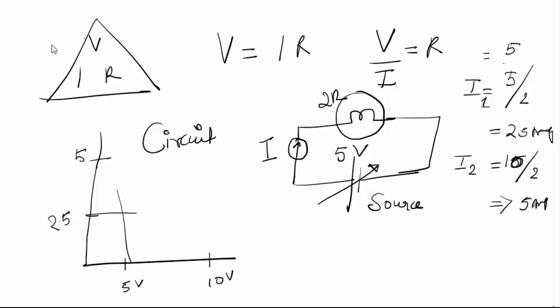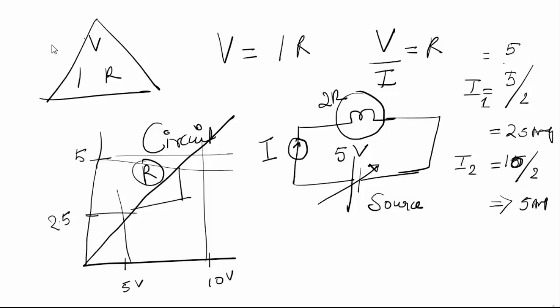This will be my intersection point, not considering the scale. Whatever is the slope of this graph is known as my resistance, and it's found that the slope will be the same for any resistive circuit.